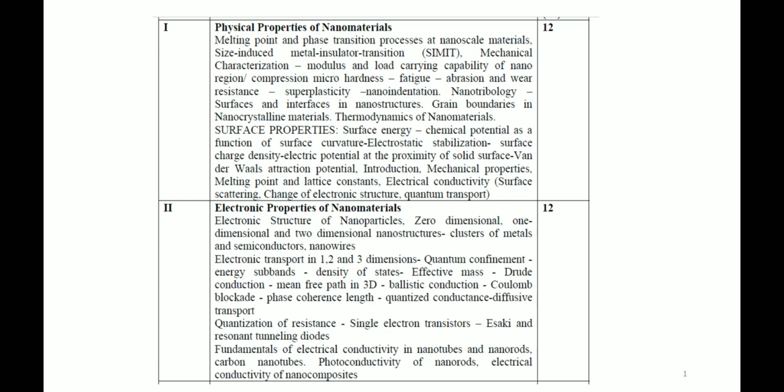Then we saw important aspects of quantum confinement and surface area to volume ratio. In addition to that, we saw the history of nanomaterials and the nanotechnology which is present in nature, and several important examples of nanotechnology.